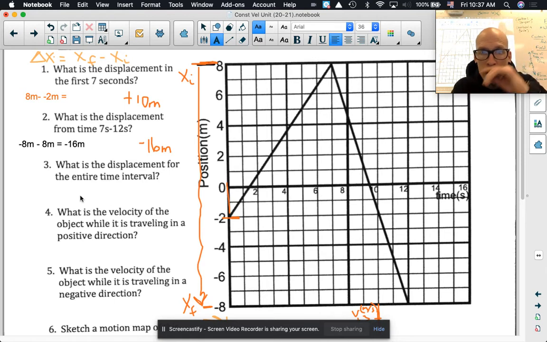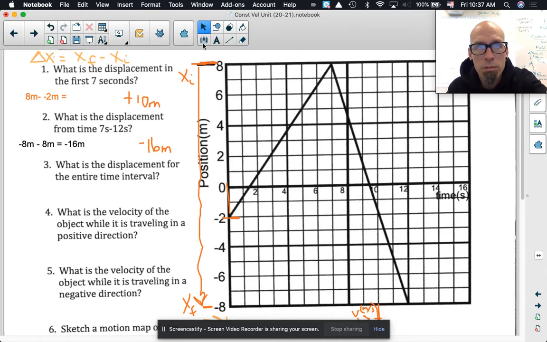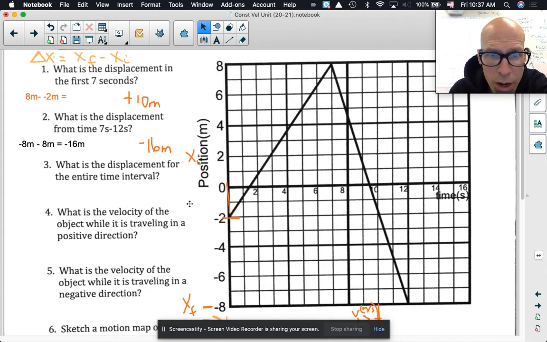And 3, what is the displacement for the entire time interval? Now it's from time 0 all the way to time 12. Our initial position is now where?